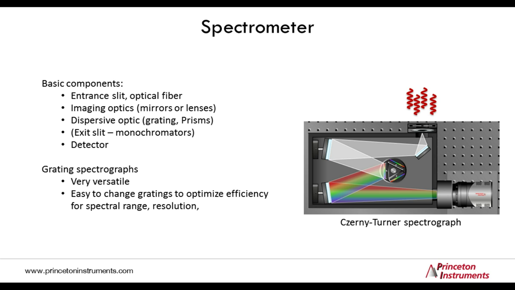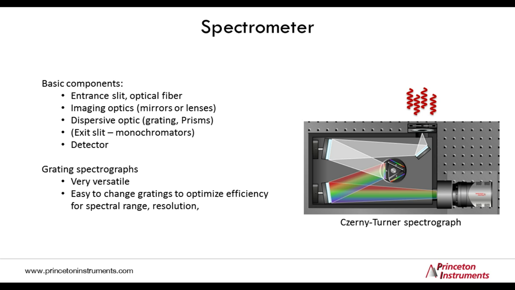So the basic components of the spectrographs are as follows. Light first hits an entrance slit, or often these days people use optical fibers, instead or with a slit, to bring light to the spectrograph. There's imaging optics. First, typically the light is collimated, and then it hits a dispersive element.